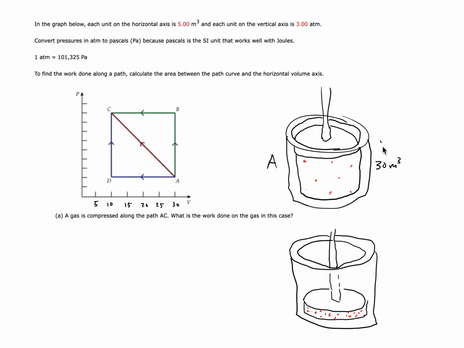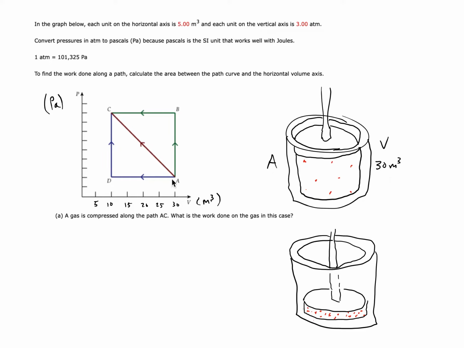And right now the volume at point A is 30 meters cubed. That lines up with the axes that are given here because this volume is in meters cubed, and then the pressure is in pascals. So when we're at A, we've got 30 meters cubed.